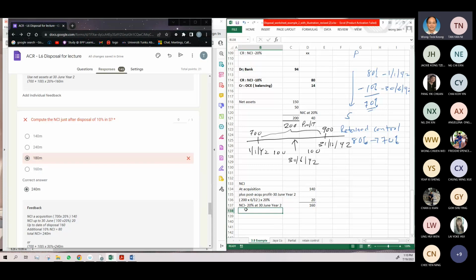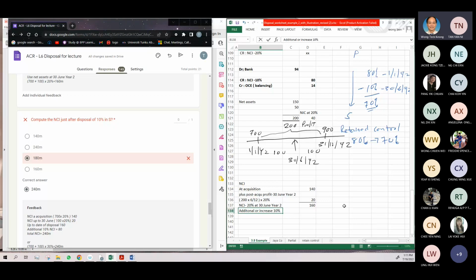NCI bought. NCI increase or decrease? Jackie. Dispose 10%. NCI increase, yeah, increase because the parent sold to NCI. So the owner increases. So additions increase by 10%.